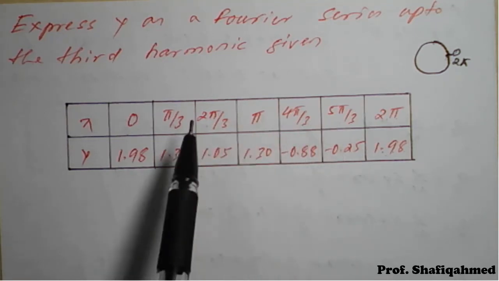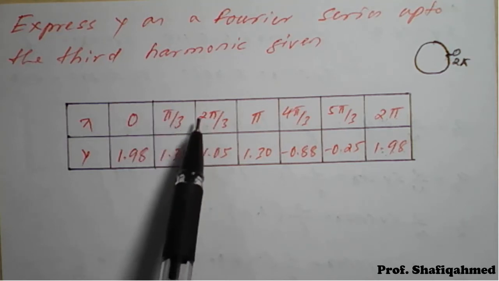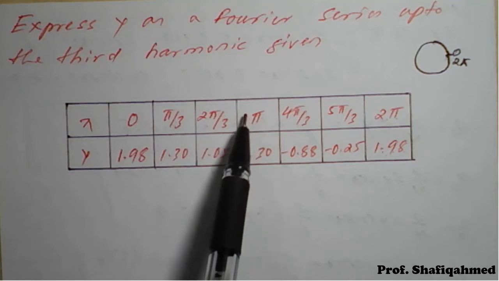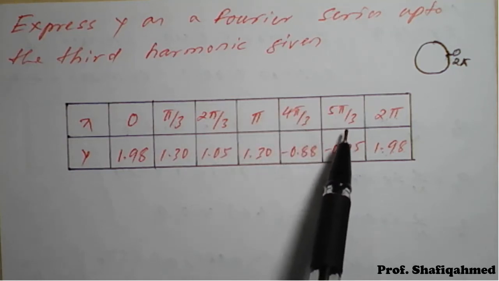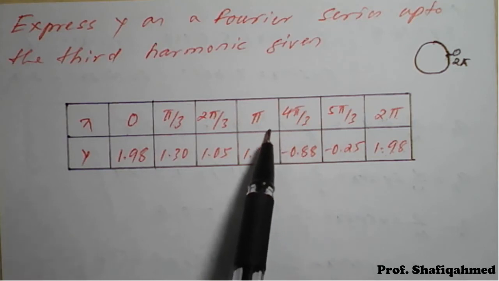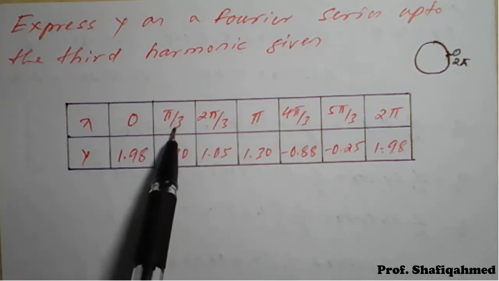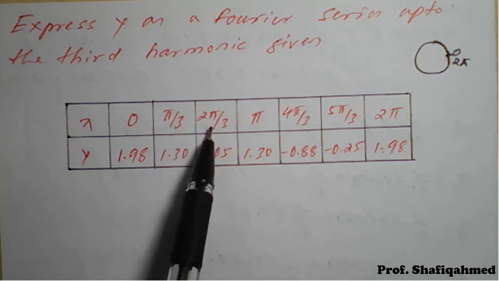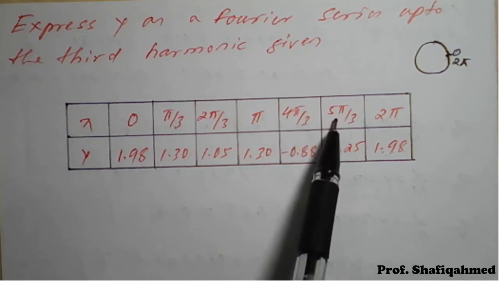I want to convert them into degrees. How to convert? The pi value you need to consider as 180. So 180 upon 3, 2 into 180 upon 3, so 180, 4 into 180 upon 3, 5 into 180 upon 3, because pi is considered as 180. So it will become 0, 60, 120, 180, 240 and 300.